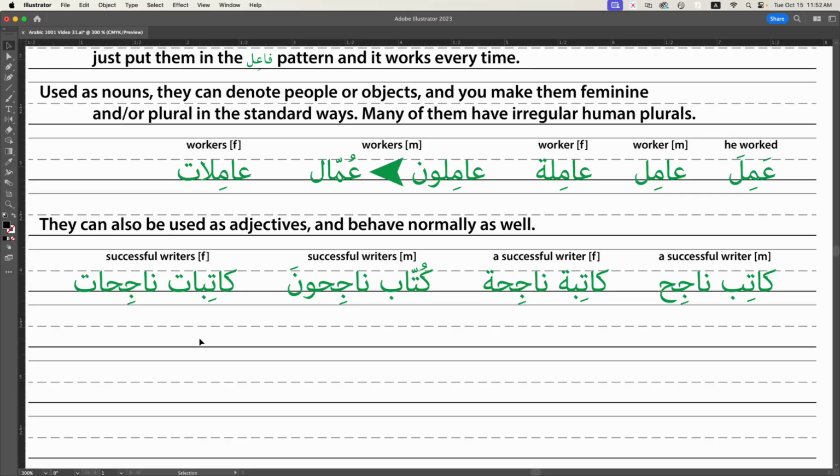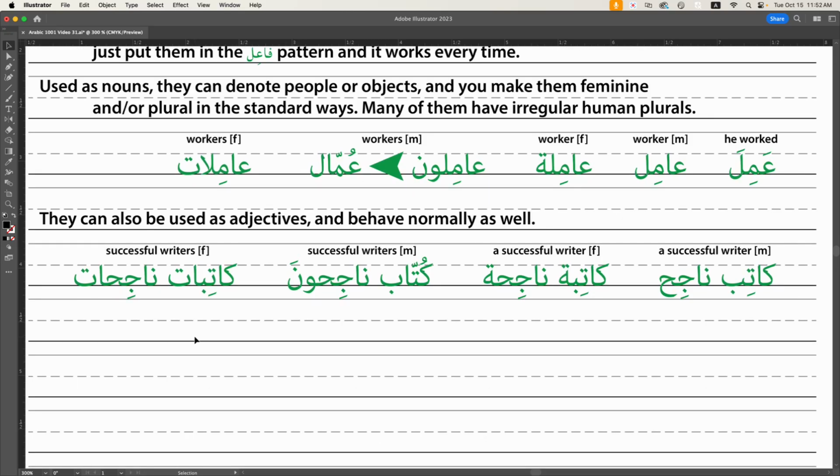If you know the verb's 3 root letters, you could always form the ism fa'il. And if you come across an ism fa'il, you can usually back engineer it with the verb's 3 root letters to figure out what it means. Or at least you could know it's someone or something who is doing something, and that can often help you decode a sentence.